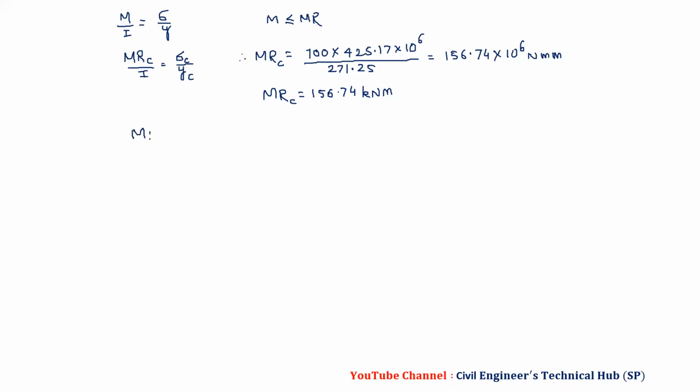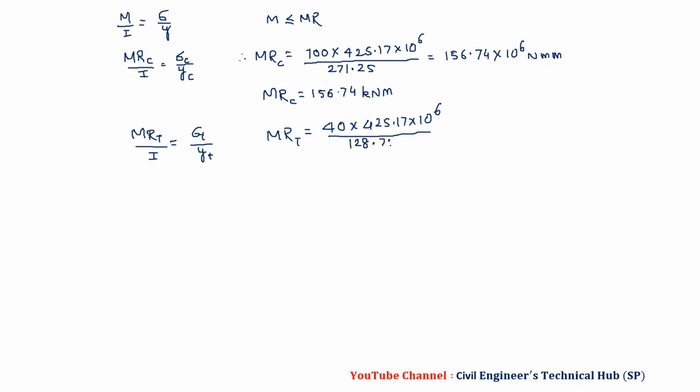Then we have MR in tension upon I equal to sigma in tension upon Y in tension. And we have MR tension equal to sigma T is 40, I is 425.17 into 10 raised to 6 divided by 128.75.